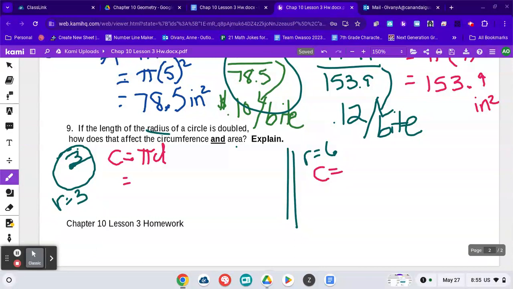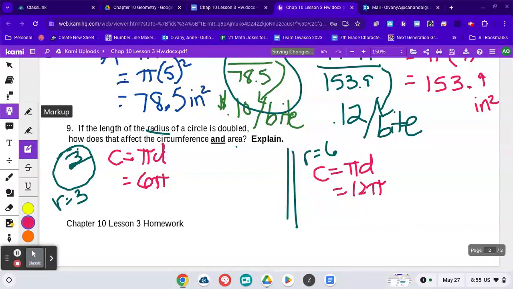So I get pi times 6 or 6 pi. Just remember they're commutative, so I can change them. And a lot of times we put the whole number first in front of the symbol pi. All right, so same thing here, pi d. And if the radius is 6, the diameter is 12, so 12 pi.